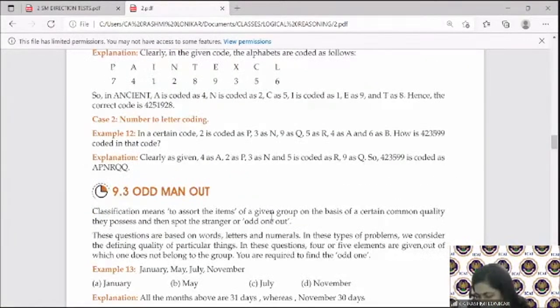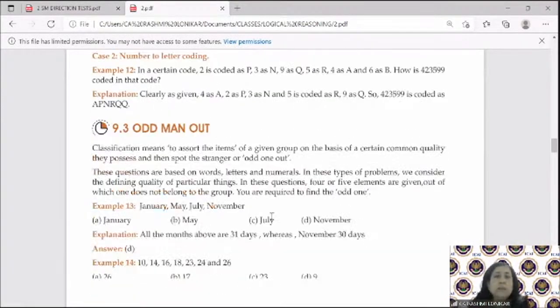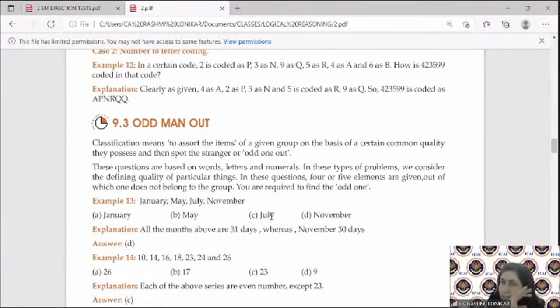Then the next type of questions they may ask you is odd man out. Means what? In odd man out, there is a series and one number or one alphabet is mistaken, or misplaced over there. So you have to find out which is the number which is incorrectly put over there. That is called odd man out. Or you may even have, suppose they will give you months.